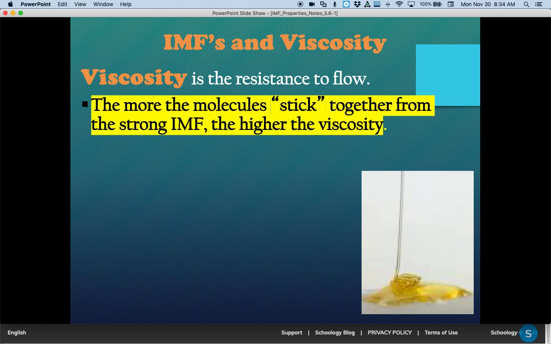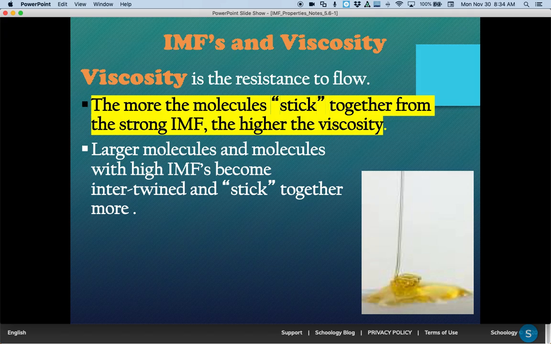They have very different viscosities, and we can look at their IMFs in order to explain why that is. This also works with large molecules. One of the good examples is the black tar we use for roads and asphalt. That's oil. That's a non-polar molecule, but the molecules are humongous.